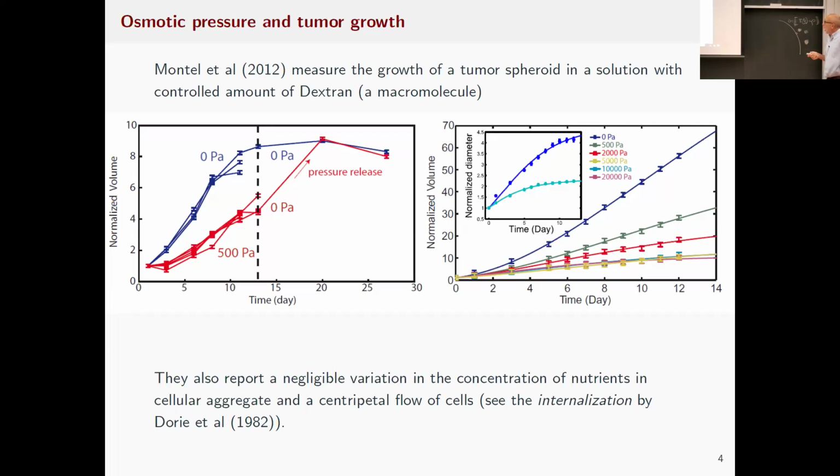Now, in this case, you have an exact knowledge of the pressure that you apply, and it's evident that depending on the amount of the pressure, that is 500 pascals and so on, you have a difference in the growth, which is in the radius, or if you like, the volume of the spheroid.